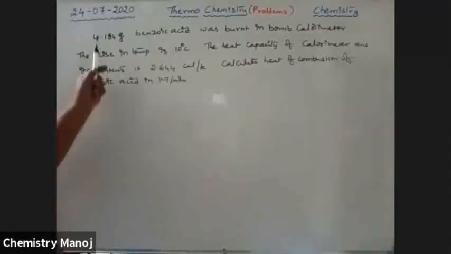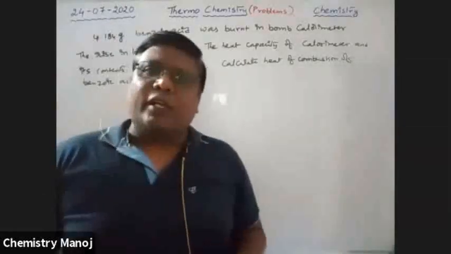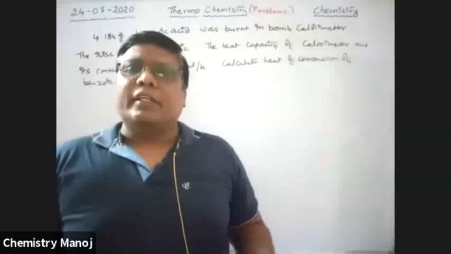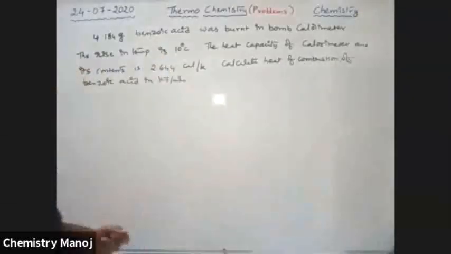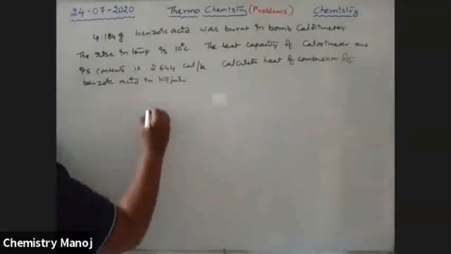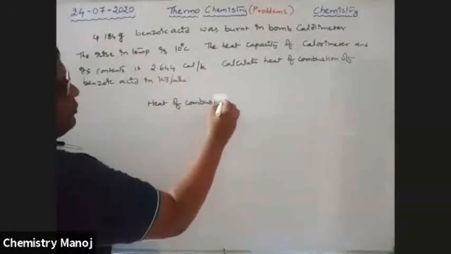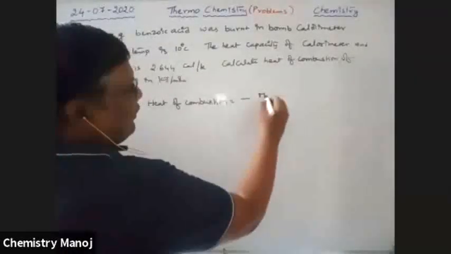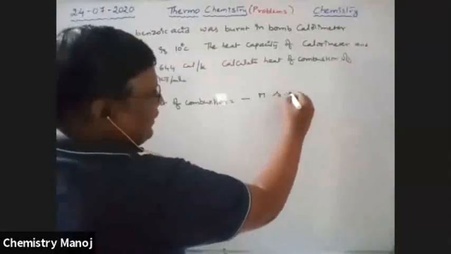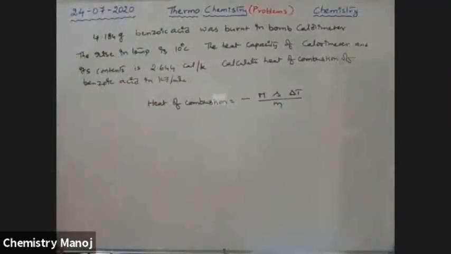See, 4.184 grams. So what is heat of combustion? Actually, a bomb calorimeter is used to calculate heat of combustion as well as heat of formation. So, heat of combustion is equal to minus M, the molecular weight of the substance, times specific heat capacity S, times delta T, divided by the mass of the substance.